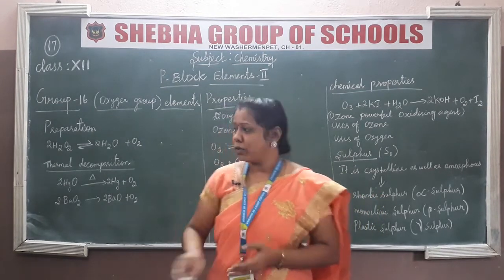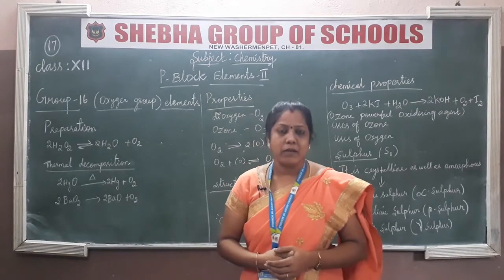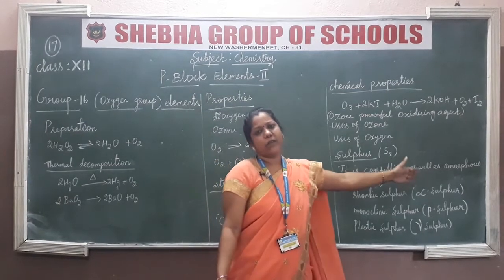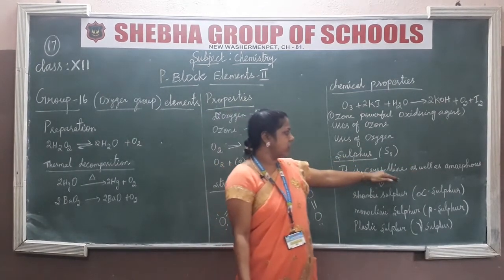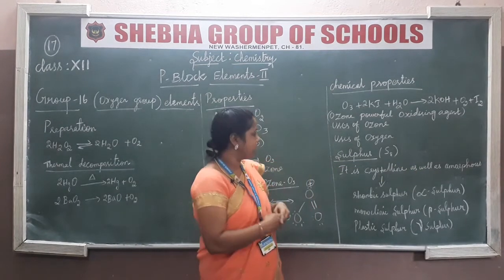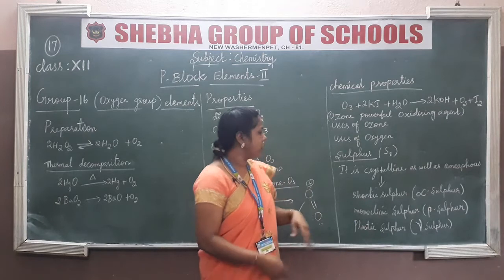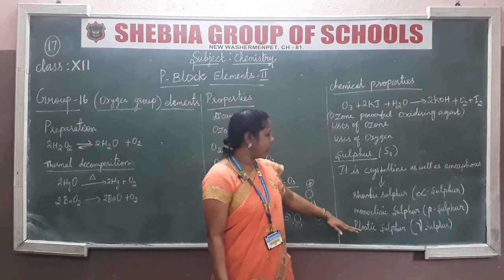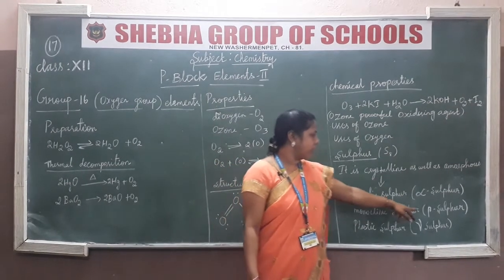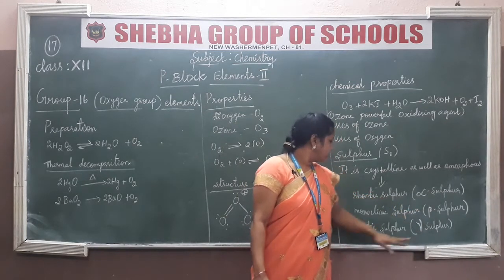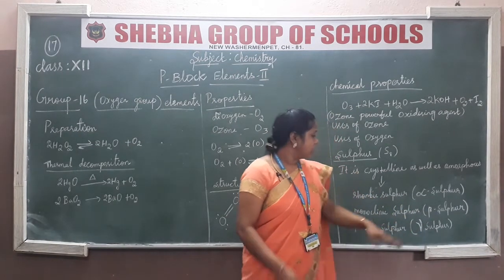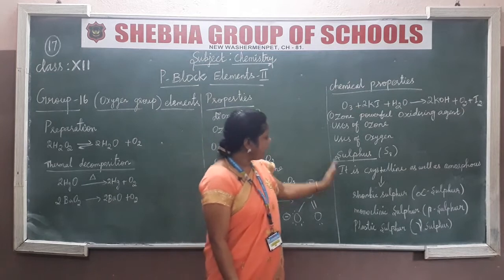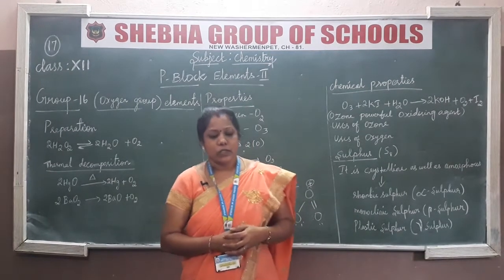What is sulphur? It is one of the group 16 elements, and sulphur exists in crystalline and amorphous forms. We can get the different states of sulphur. The kinds of sulphur are rhombic sulphur, also called alpha sulphur, monoclinic, also called beta sulphur, and plastic sulphur, also called gamma sulphur. So alpha, beta, gamma sulphurs occur from crystalline and amorphous forms. That is the main thing.